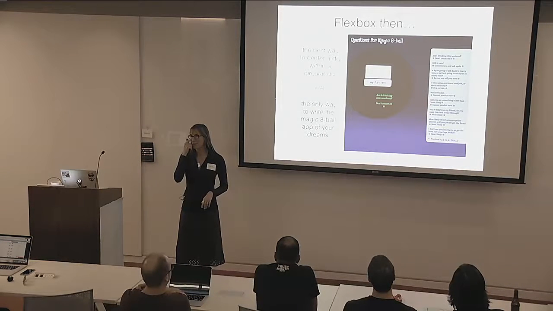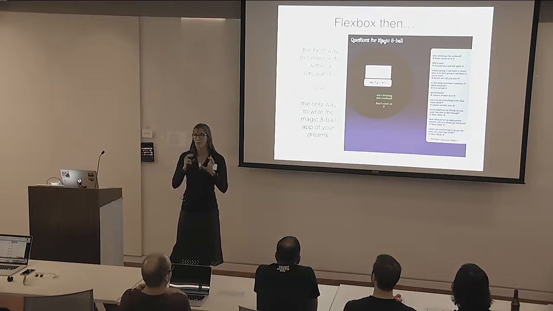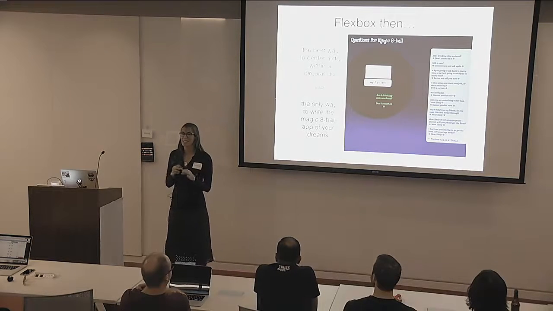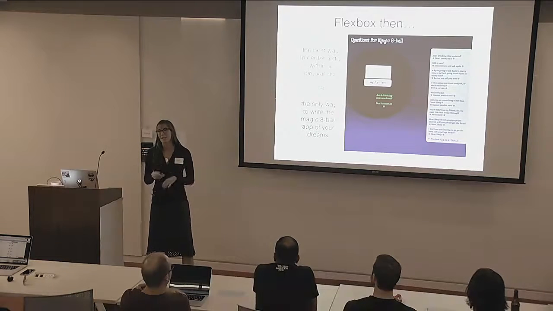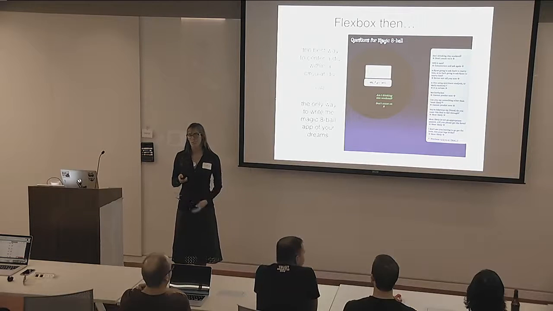And I thought it would be really fun to take a round div, basically border radius equals 50%, and then inside of that circle, have another div perfectly centered. It's really hard to do that in CSS. But that was the first time I ever used Flexbox. So anyway, this is the magic 8-ball app of my dreams.